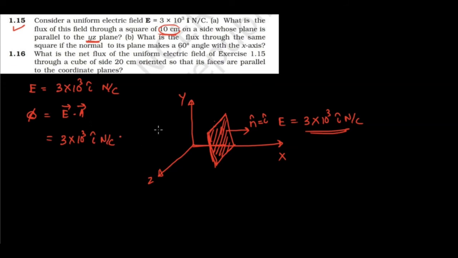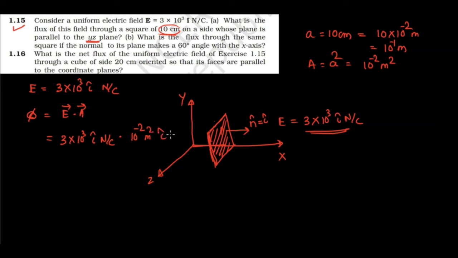The area will have a magnitude of 100 centimeter square, because the side is a equal to 10 centimeter, which is 10 into 10 to the power minus 2 meter, that is 10 to the power minus 1 meter, and the area A square is equal to 10 to the power minus 2 meter square. So in place of area you can write 10 to the power minus 2 meter square, and the direction of this area vector is also along the x-axis.